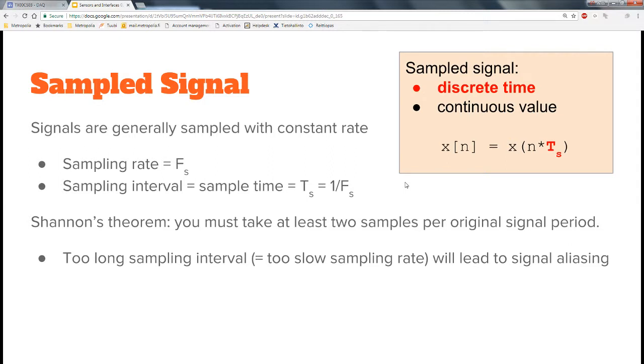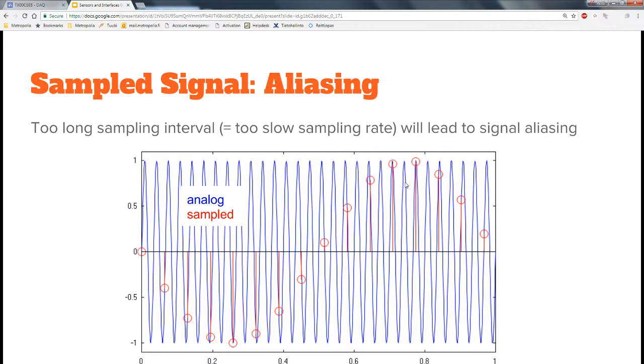Okay. And if we have too long a sampling interval, meaning too slow a sampling rate, this will lead into aliasing, and there's supposed to be a picture of it. The blue line there is the analog, and these red circles there are the sample points at those discrete sampling times.